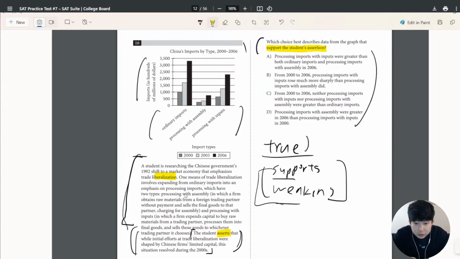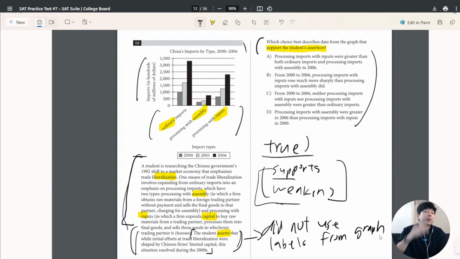And we have assembly, we have inputs, and we also have ordinary. But note that the assertion itself did not use labels from the graph.